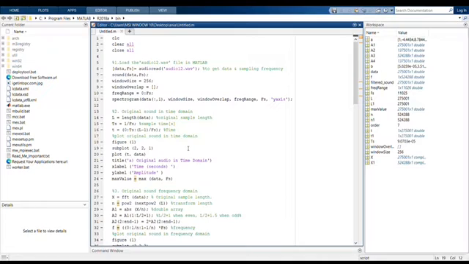Then we look here. This is our length, the length of the data, and this is the general sampling time equation.